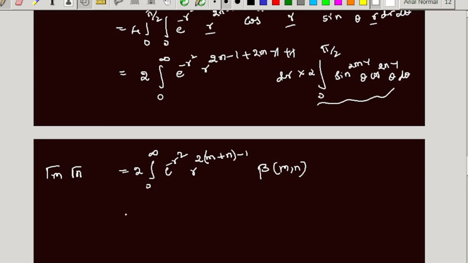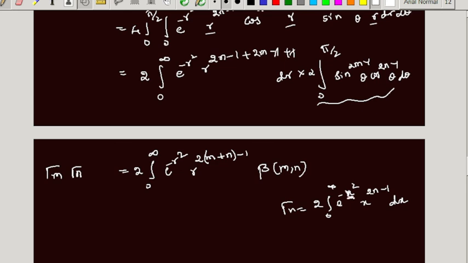So here we know that gamma n is nothing but twice integration 0 to infinity e power minus x square into x power 2n minus 1 dx, that is the definition.